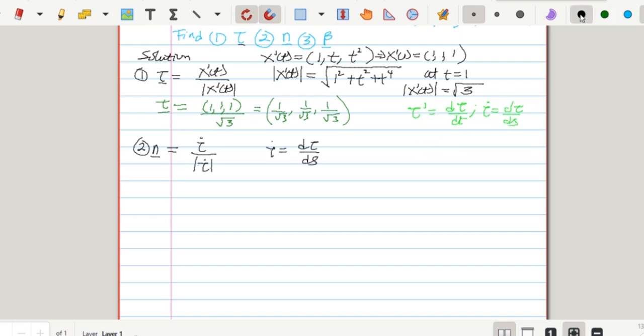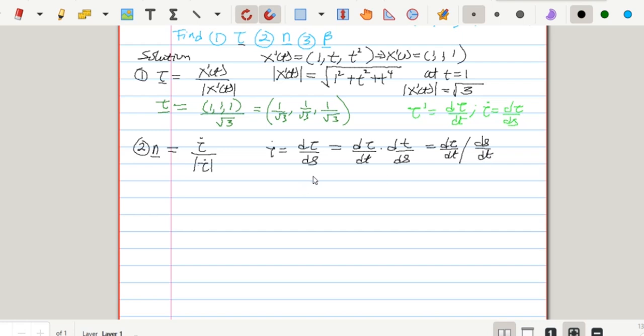So what we have here is tau dot, which is d tau over ds, but d tau over ds is still the same thing as d tau over dt multiplying dt over ds, and this is the same thing as d tau over dt divided by ds over dt, right?